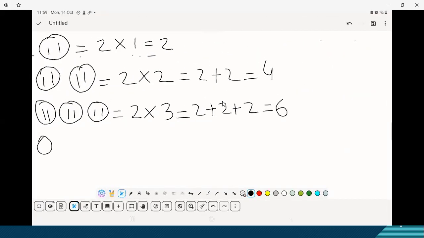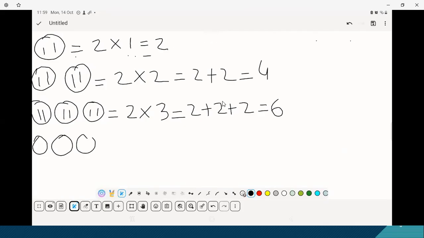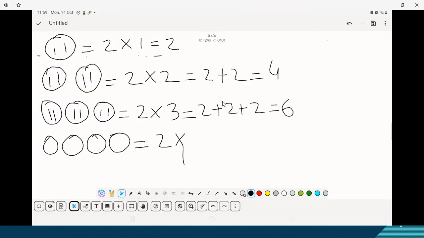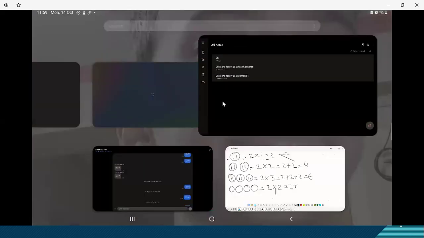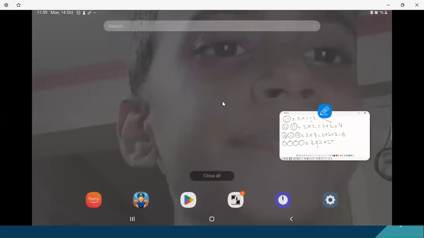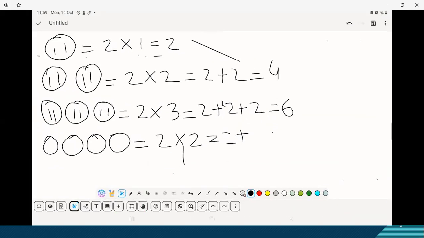Then 2 in the group of 4, 4 in the group of 2, that will be 2 multiplied by 4, addition of 2, 4 times: 2 plus 2 plus 2 plus 2. That is 8.